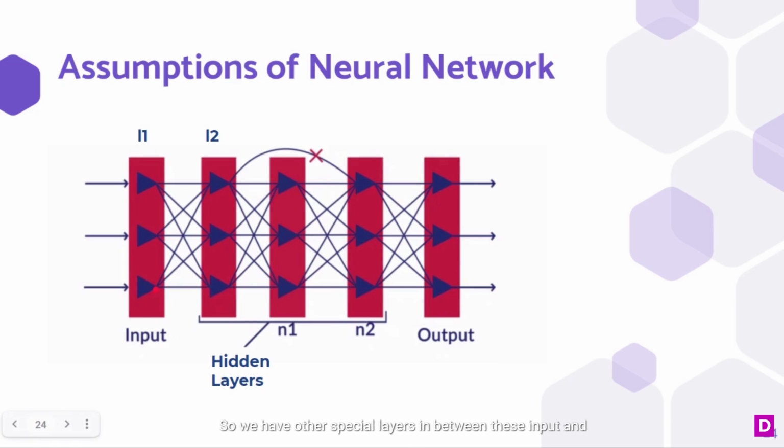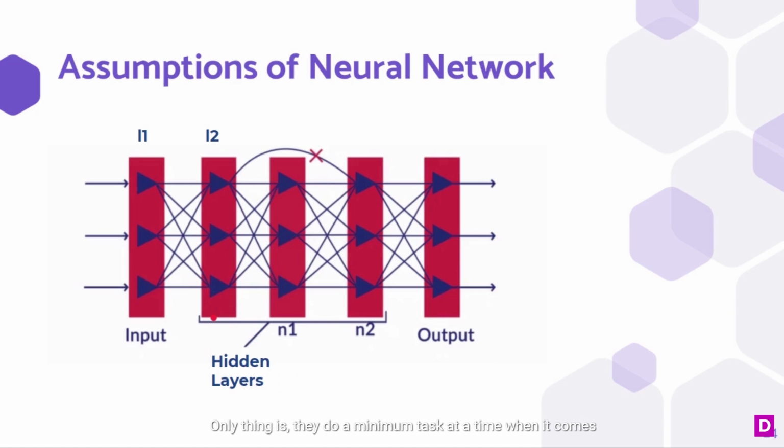We have other special layers in between the input and output layer, and we call them hidden layers. There is nothing much more special about hidden layers other than the input and output layers; they are similar to them in terms of neurons, etc. They just perform minimal tasks at a time.